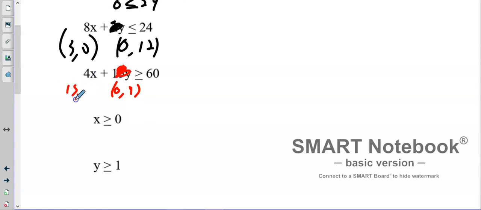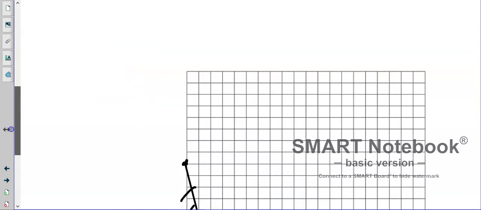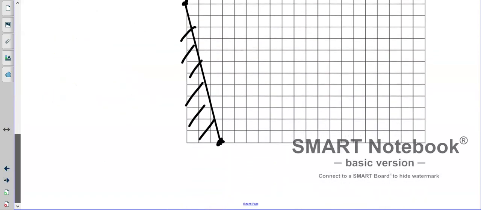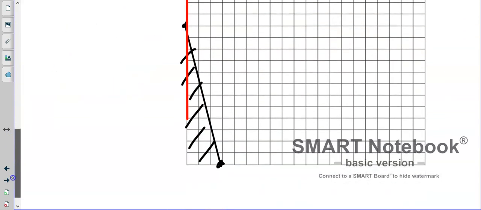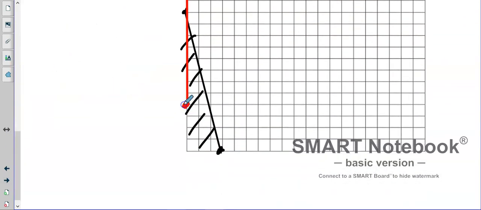So 15, 0. right? So 0, 4, and 15, 0. So 1, 2, 3, 4. And 1, 2, 3, 4, 5, 6, 7, 8, 9, 10, 11, 12, 13, 14, 15, 0.